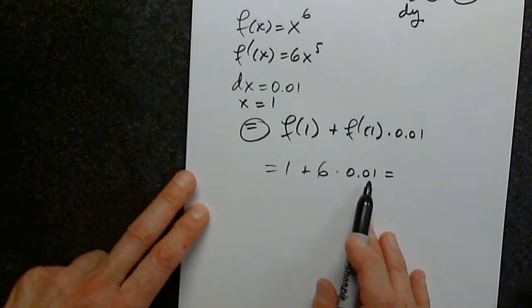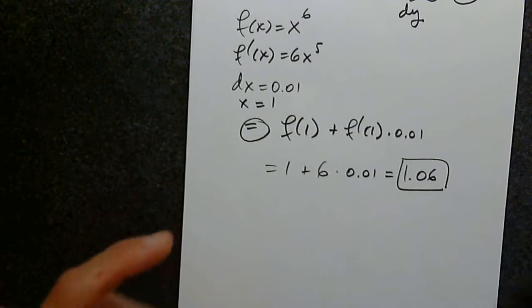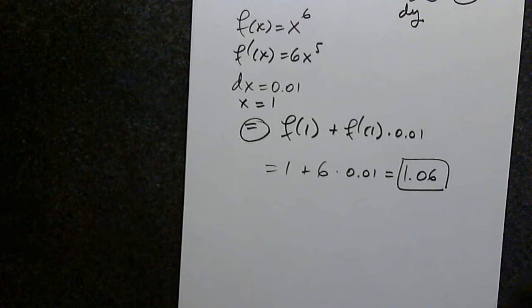So this is 0.06, so 1.06. Very elegant result. And you can check. You can put 1.01 and take it to the 6th power, which I'm sure you prefer 1.06 instead of taking 1.01 to the 6th power.